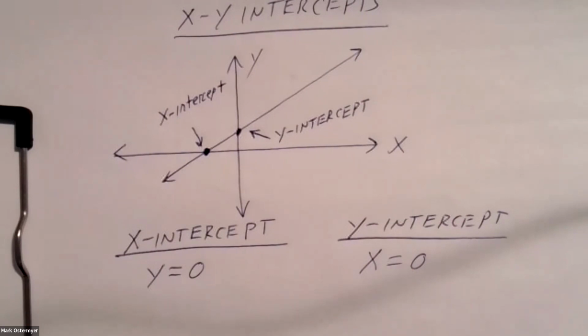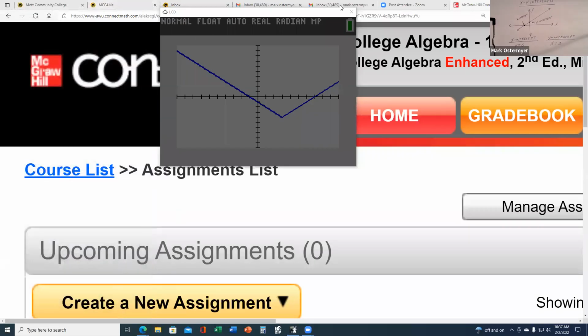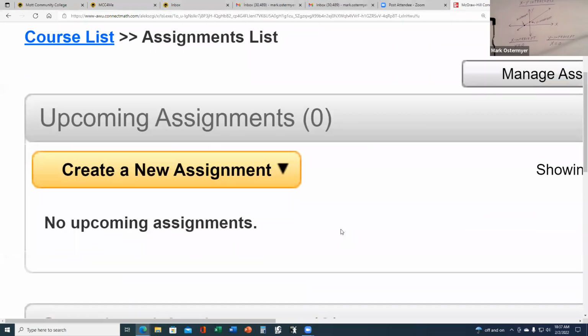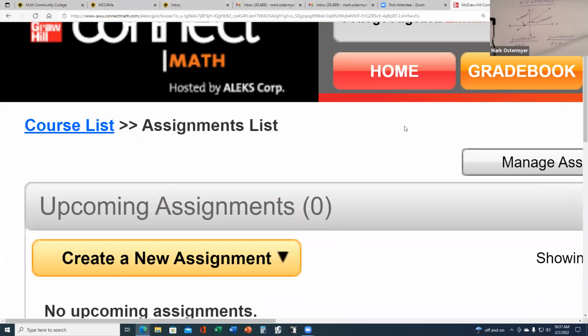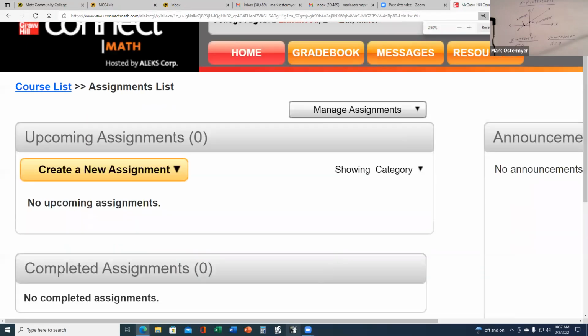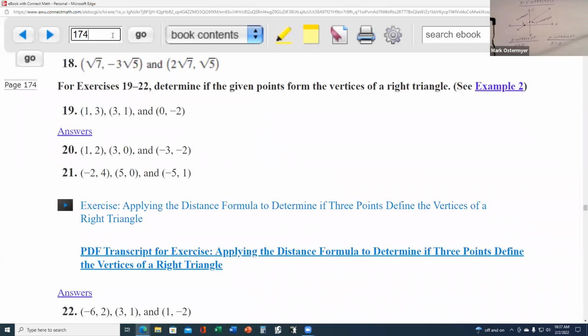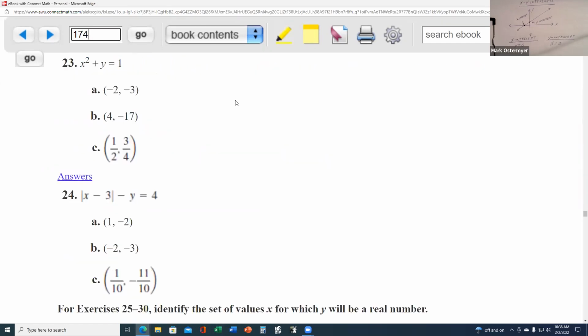All right, let's go to page 174 in our textbook. Page 174, I want to go over 45 through 50.